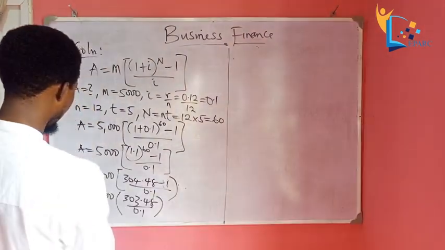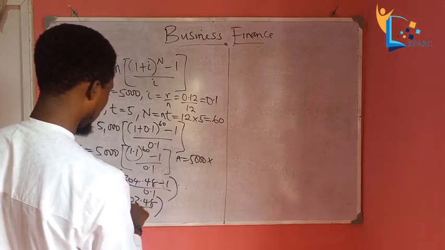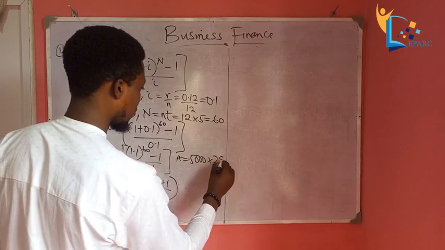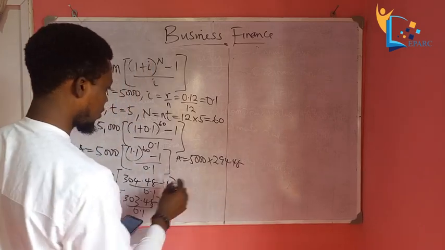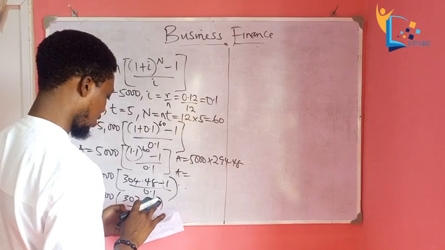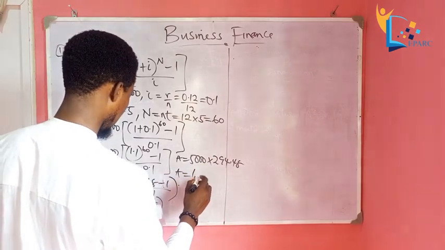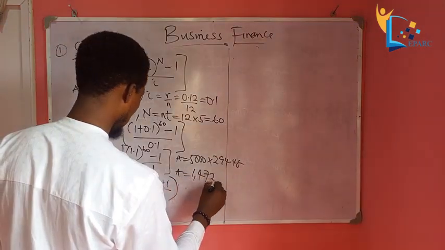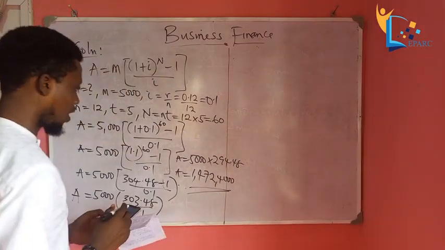So A will now be equal to 5,000 times 294.48. Okay, A is now equal to 294.48 times 5,000, which is 1,472,400. So this is our answer.